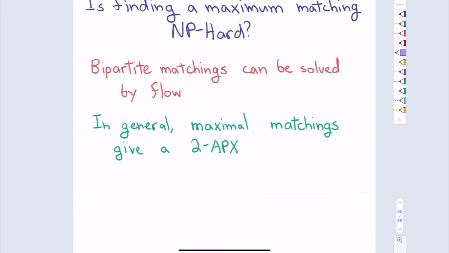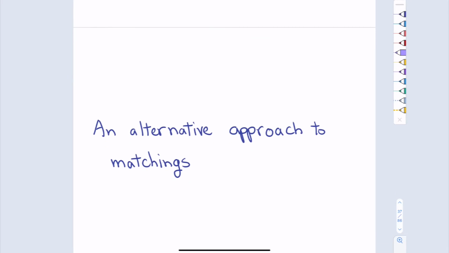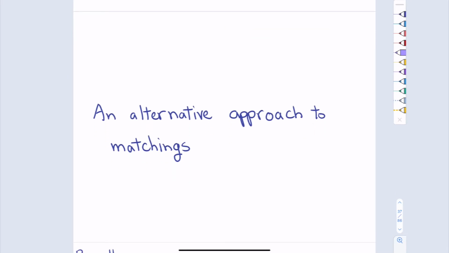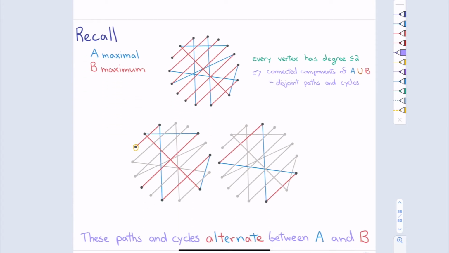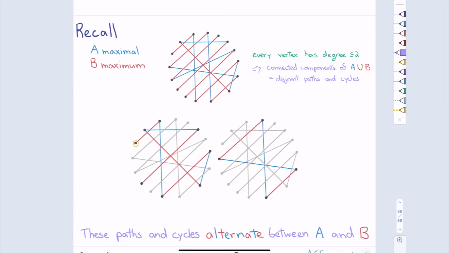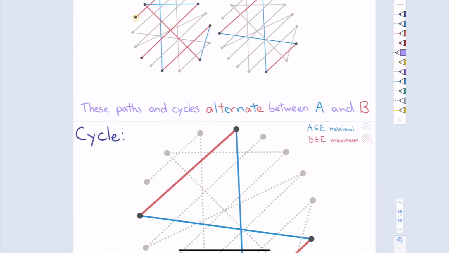Okay, so let's start trying to make an algorithm for matchings. What did we just discuss? If you take any maximal matching, any maximum matching, it's going to decompose into disjoint paths and cycles.